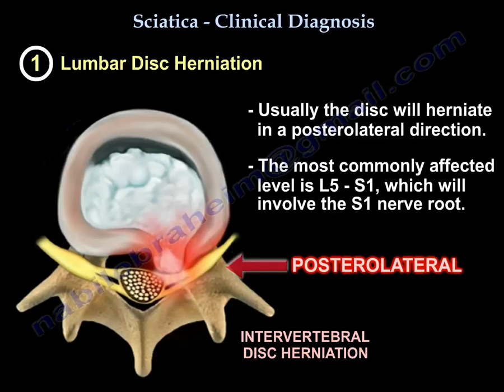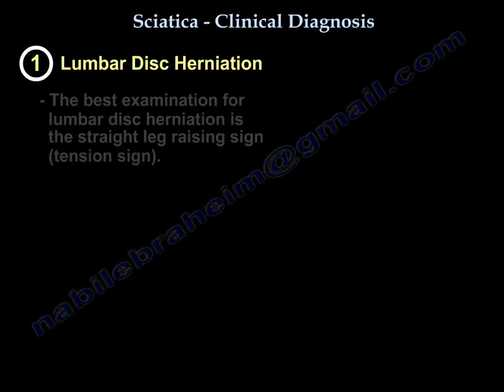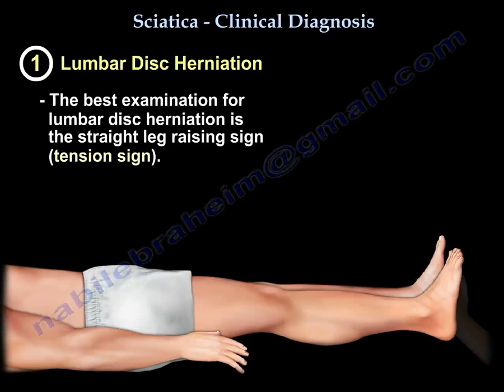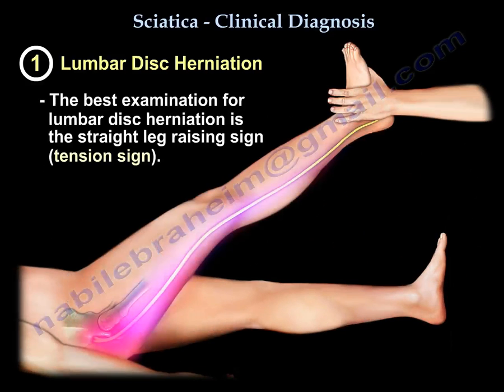Usually the disc herniates in a posterolateral direction, and the most commonly affected level is L5-S1, and that will involve the S1 nerve root. The best examination for disc herniation is the straight leg raising sign, which we call the tension sign.